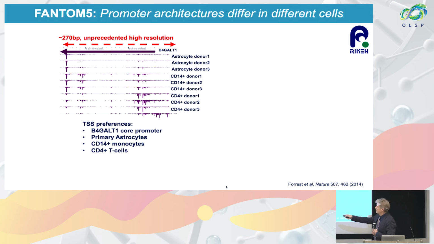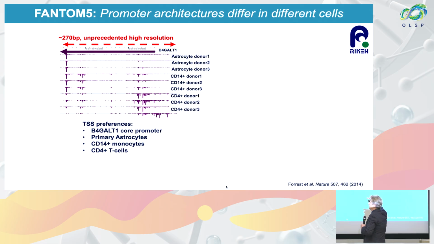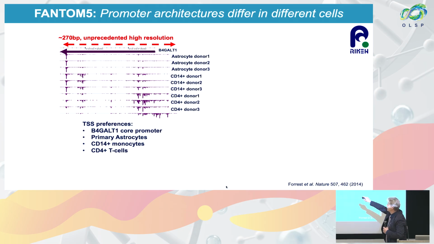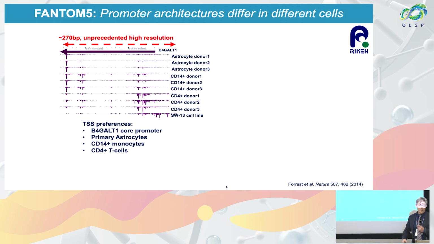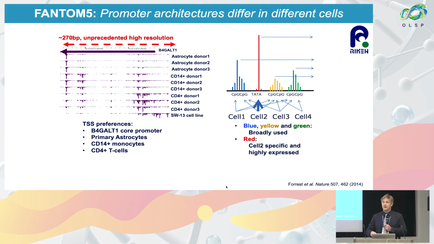In astrocyte, this gene, which is transcribed from right to left, has a single peak. Others, from CD4 or CD14, have more prevalent upstream sequences. This is all in the same promoter within 270 bases, and finally cancer cell line initiation is also here. So essentially what we see is that even within the same promoters, there are different sub-components of the promoter that are active in different cell types.